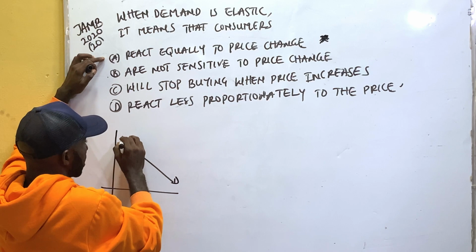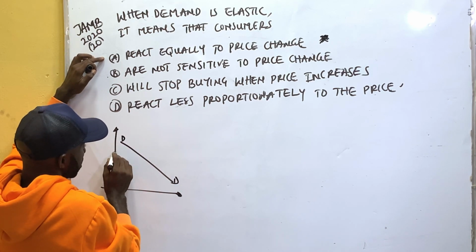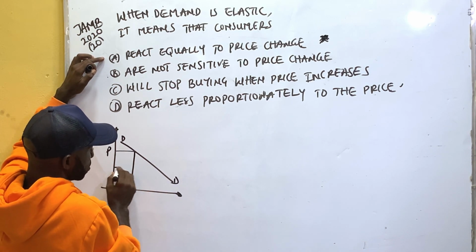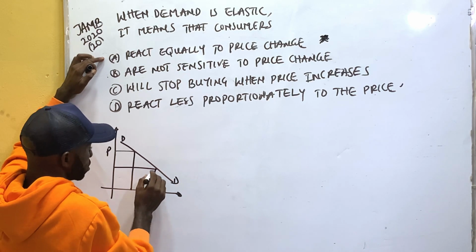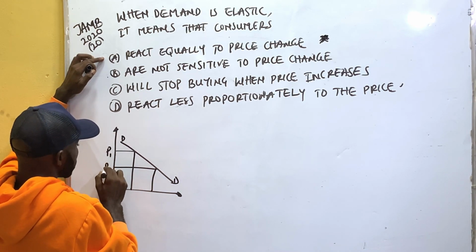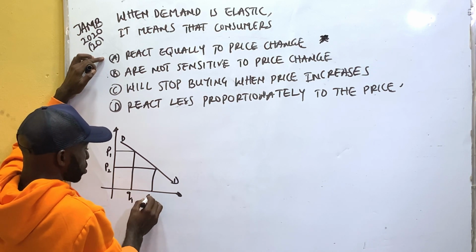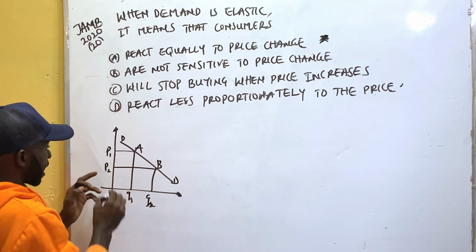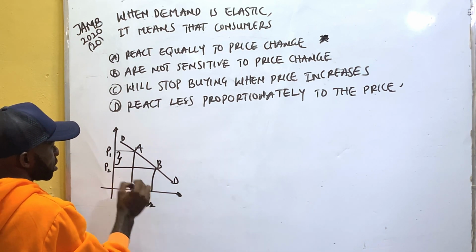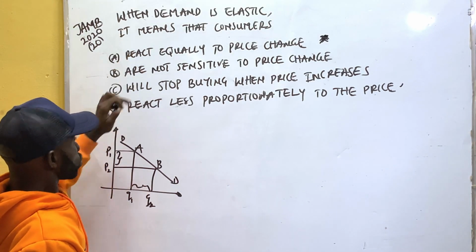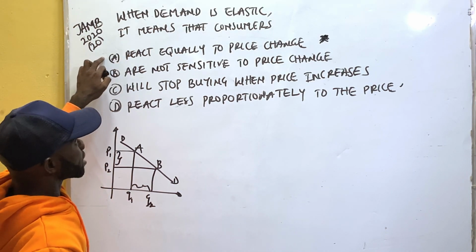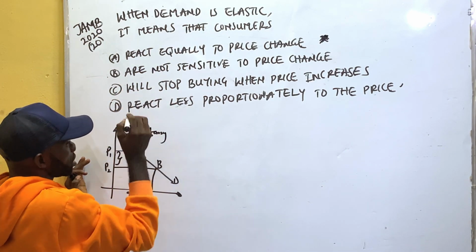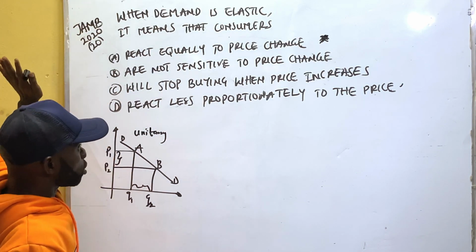And unitary demand means that as we change price, for example, quantity demanded should change with the same proportion. So we have Q1, Q2. You can see A, B. The gap between this and this, the same, unitary. And that's not what elastic is all about. This is unitary. It cannot work here. That makes option A wrong.